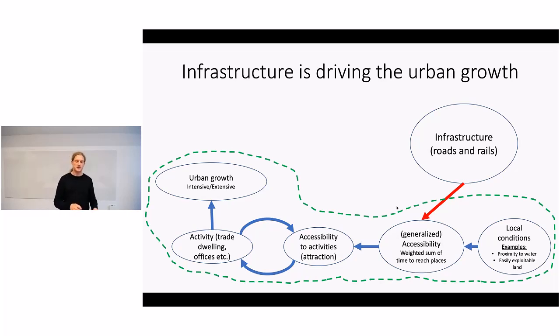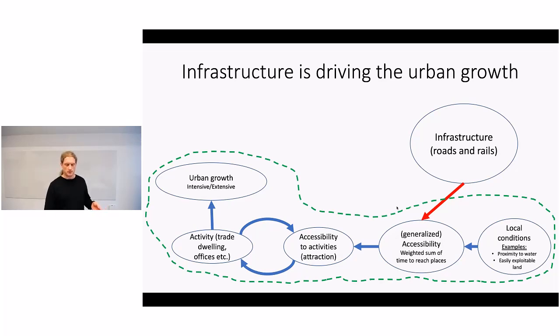And that accessibility generates an accessibility to activities, an attraction in the place, and that generates more activity, trade, dwelling, etc. So there you have the positive feedback loop, and that generates the urban growth, so that our cities grow and the land value increases.